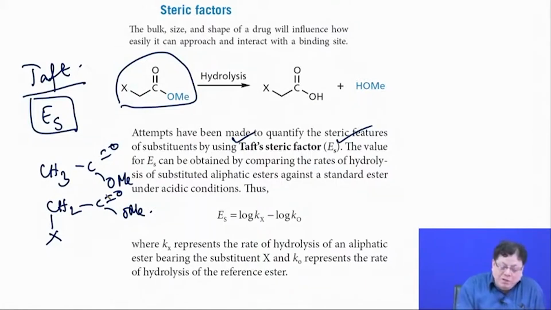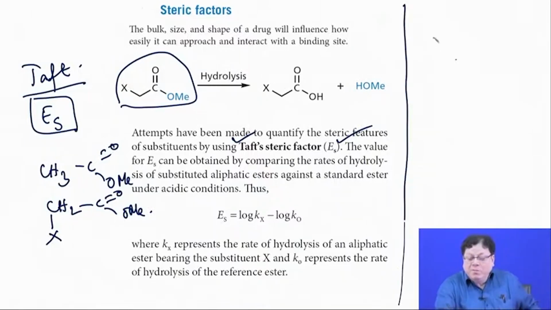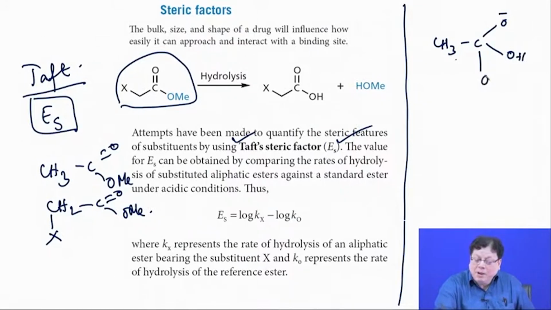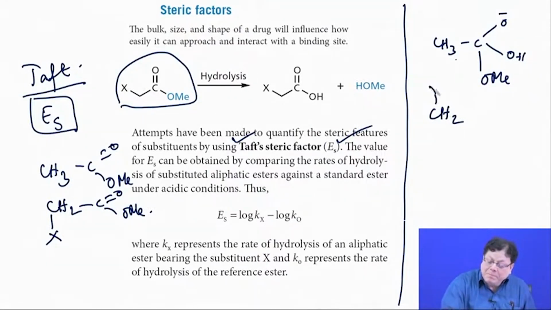Now, you know the hydrolysis means saponification. Esters can be hydrolyzed by acid or by base. If you do it base catalyzed, in saponification, the formation of the tetrahedral intermediate is the rate determining step, with OMe, right. So, these are the two intermediates.